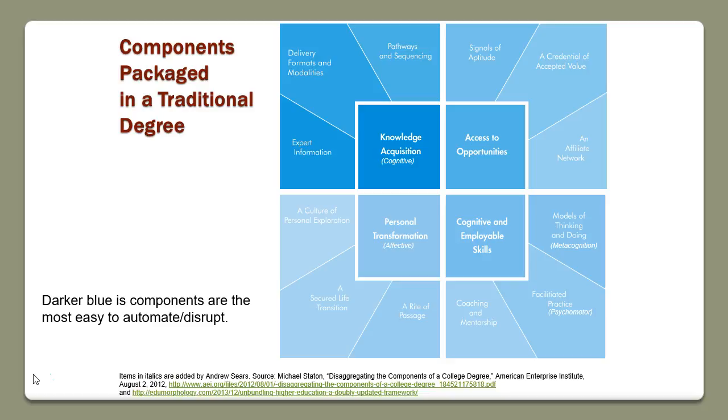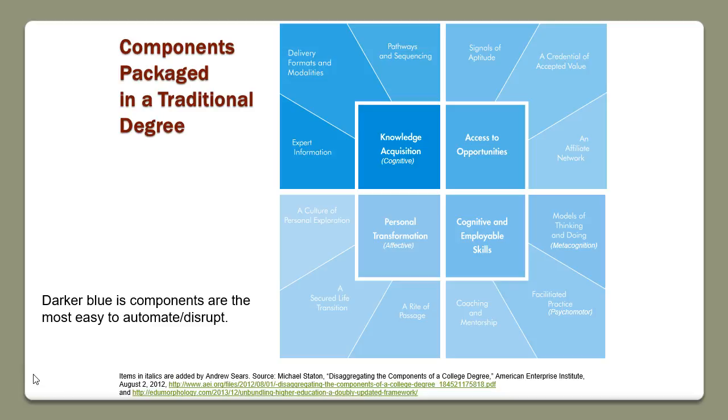What he argued is that the items in the darker blue are going to be easiest to disrupt, whereas the things in the lighter blue are going to be harder to disrupt. Knowledge acquisition content is being commoditized. MOOCs are one example of that, but a lot of the content is being commoditized. He's also arguing that access to opportunities is easy to disrupt.